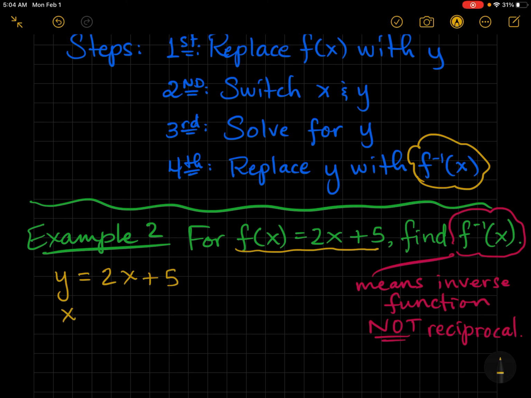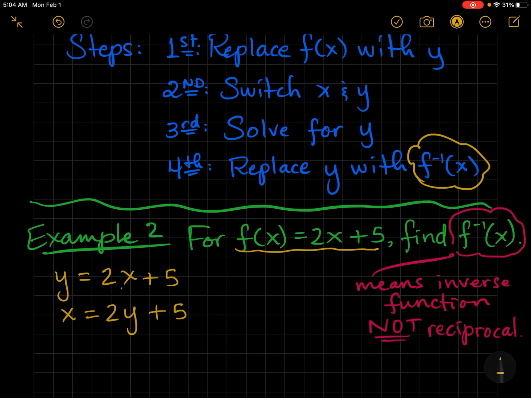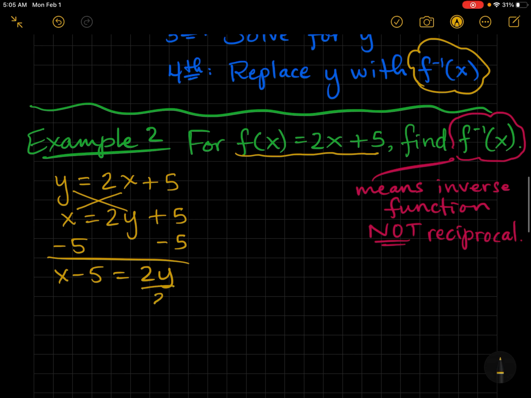Step 2 tells me to switch x and y. So notice I put the x where the y was and the y where the x was. It's just a quick switcheroo. Now, the third step says to solve for y. So I'm going to get y by itself. Divide by 2.